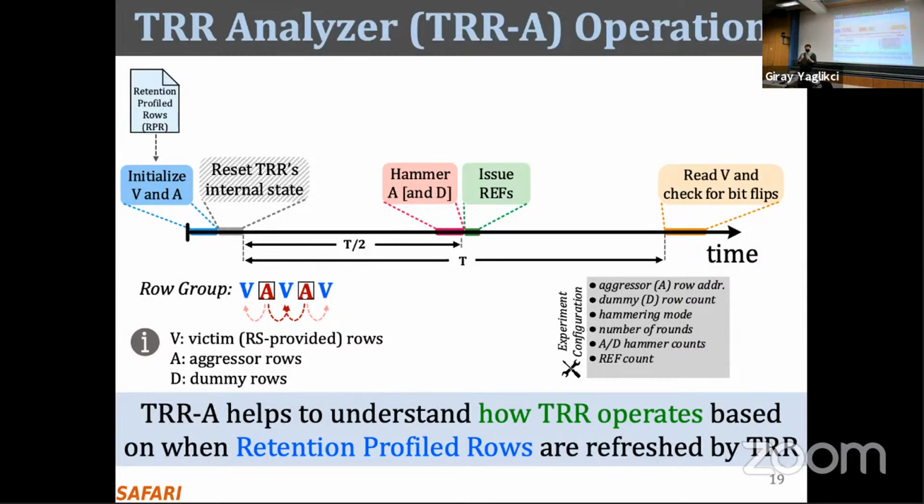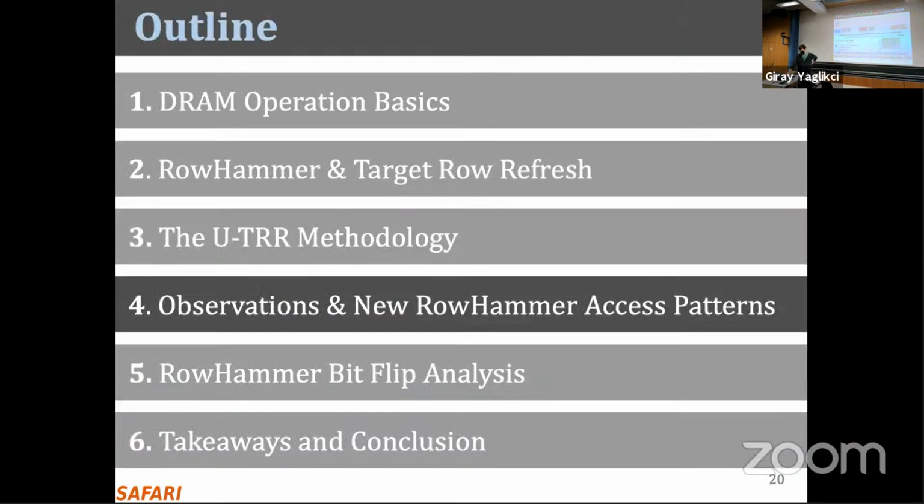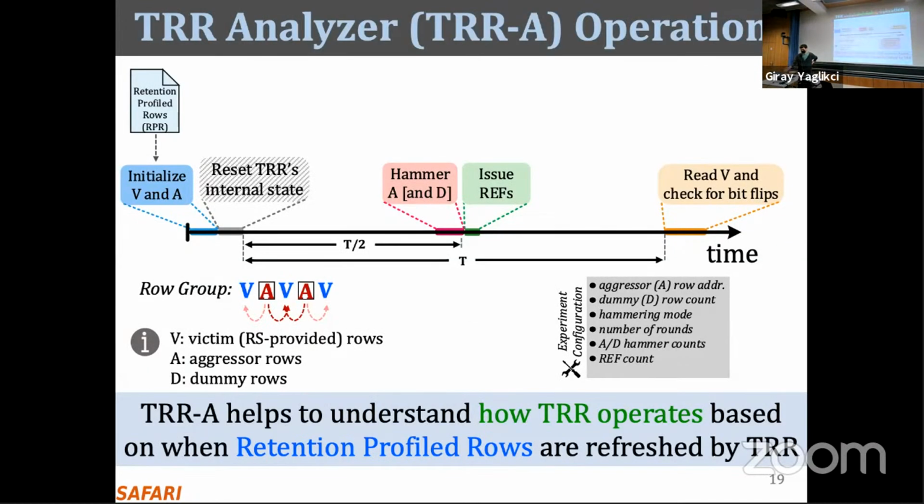This way we can find exactly which refresh commands are refreshing this row. And this is basically what we do. Was it clear? I think I took a very complicated approach to explain it, but okay. Yeah, basically these are periodic, and when they happen, it is very easy to tell.